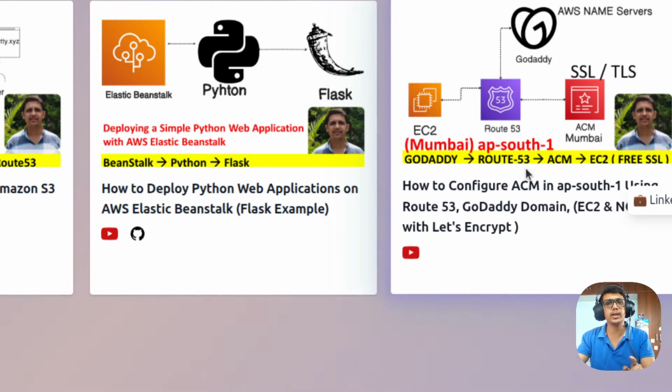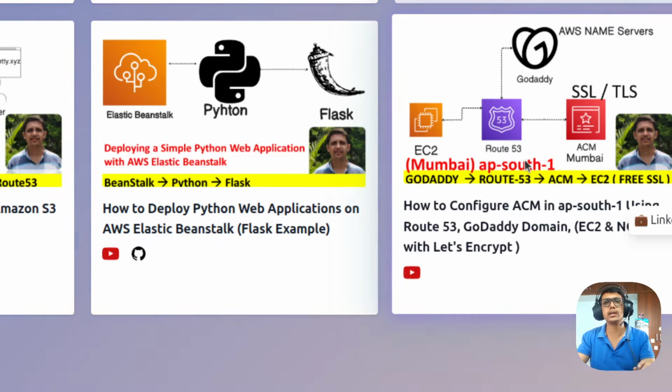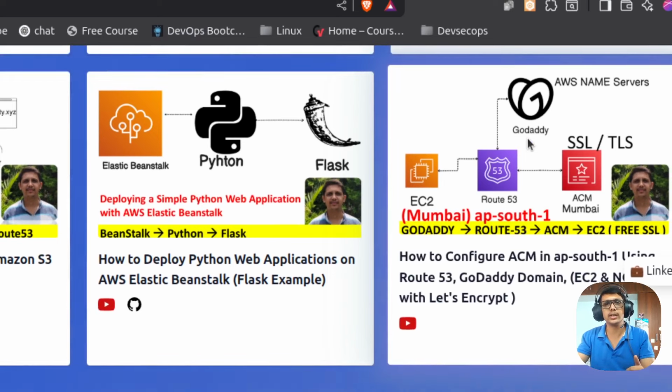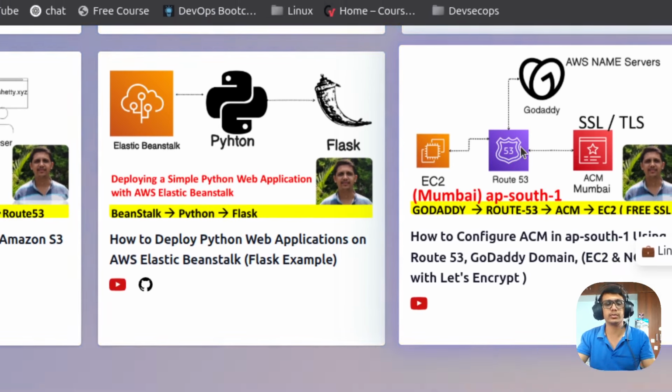If you have a domain in AWS itself, you just create the hosted zone. If you have a domain from another provider, like I purchased the domain in GoDaddy, that's why I routed these name servers to Route 53.